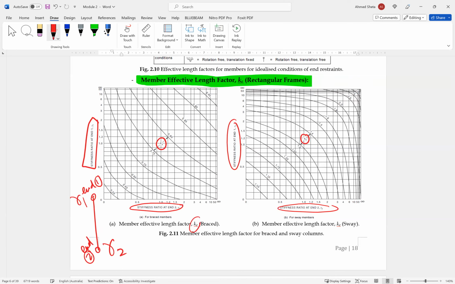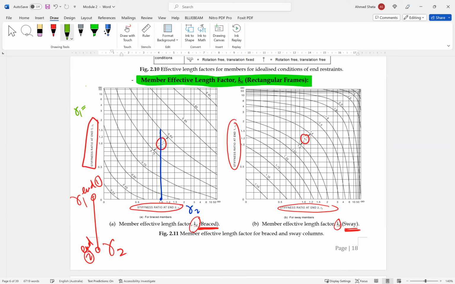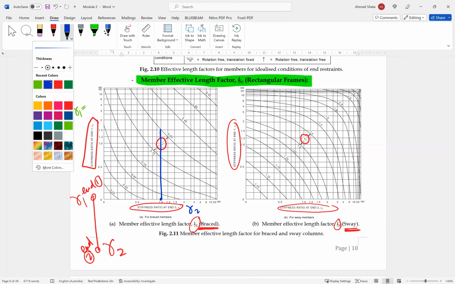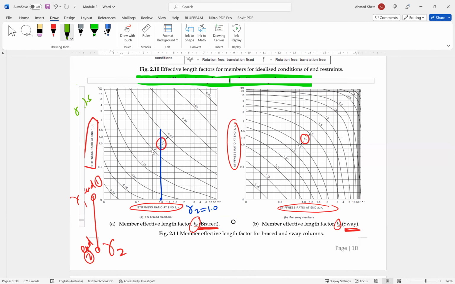The first table is for braced, the second table is for sway. To enter this table, for example, if gamma 2 equals 1, we get a line vertically like this. And let's assume that gamma 1 equals 1.5.